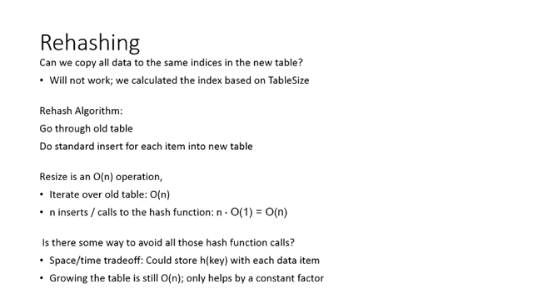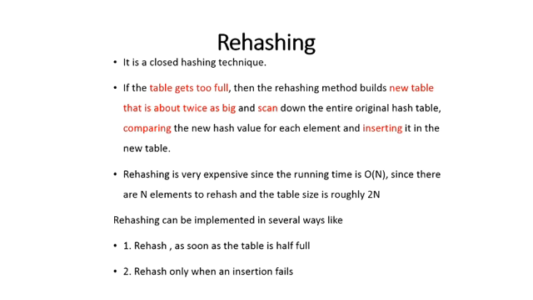So the major thing is your space and time complexity will be compared with the rehashing function, and the table size will be increased by a constant factor. So rehashing is called a closed hashing technique, because when my table is getting filled, I will increase my table size to double, and I will insert all the elements again into the new table.